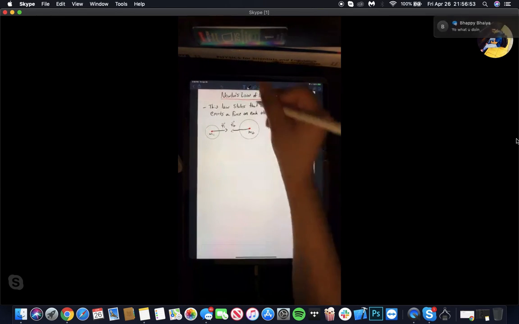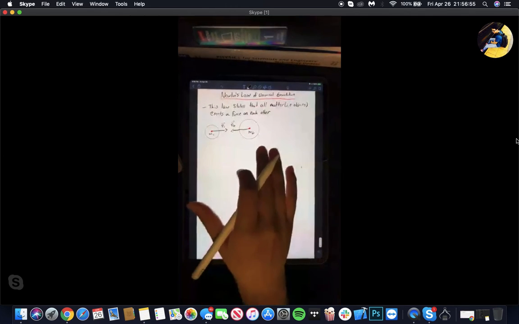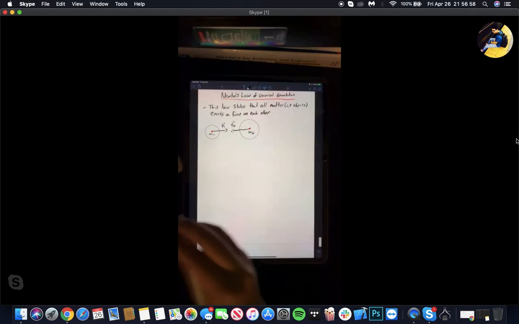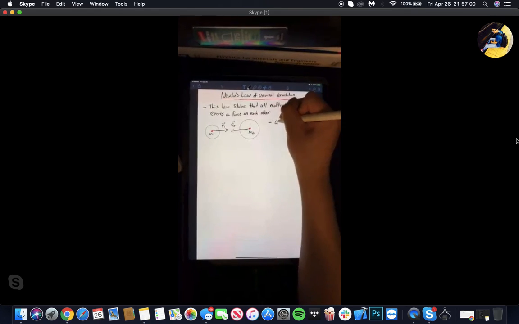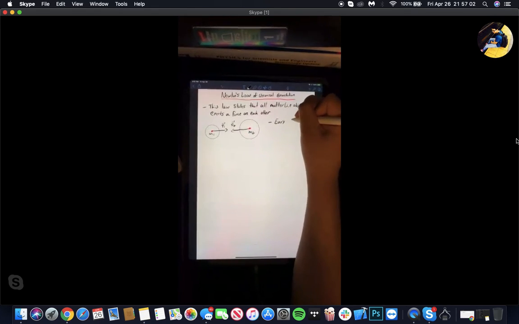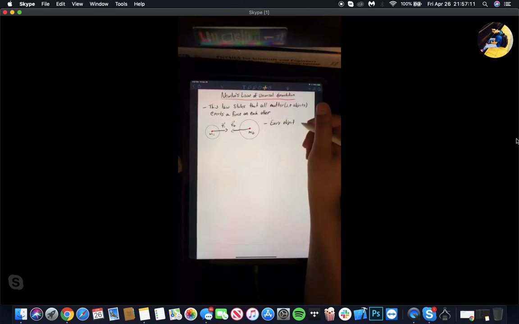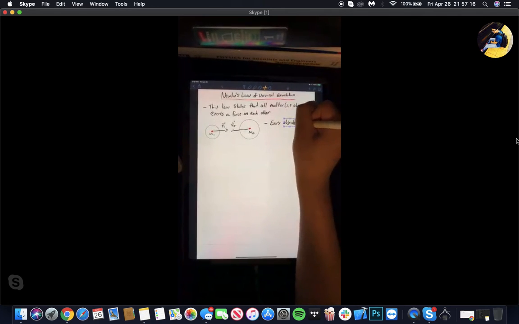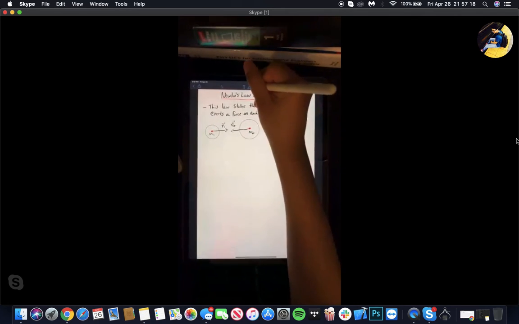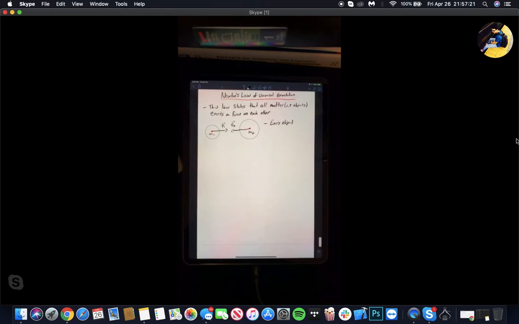So here, this is in accordance with Newton's third law, action and reaction. I know what the first law is. In mathematical terms, the first law is F net equals 0, and the second law is F net equals ma. So what about the third one?